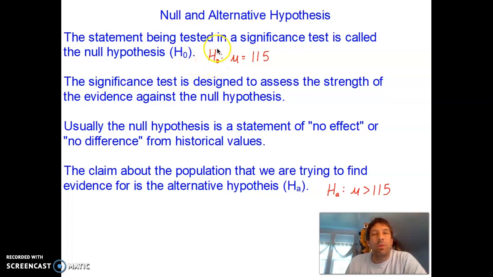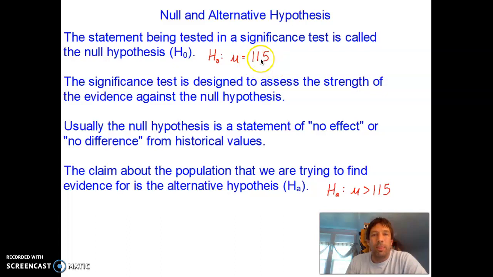For example, we might have a null hypothesis that says that mu equals 115. Maybe we're looking at IQ scores, and we're told that the average IQ score of Wisconsin students is 115. So that's what we'd be saying here.